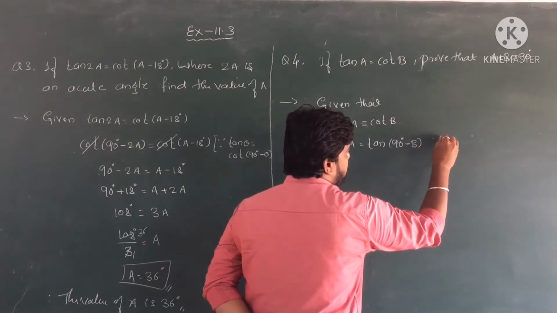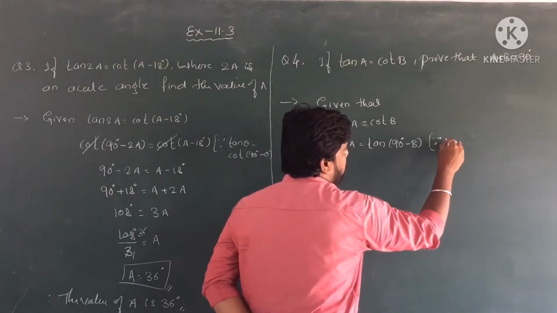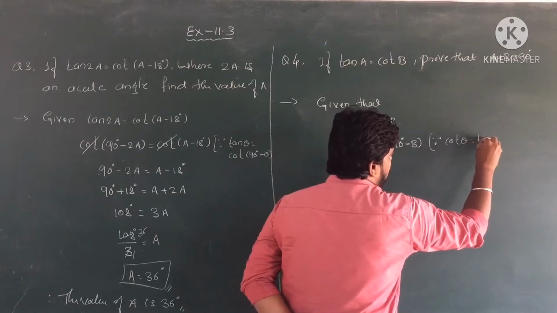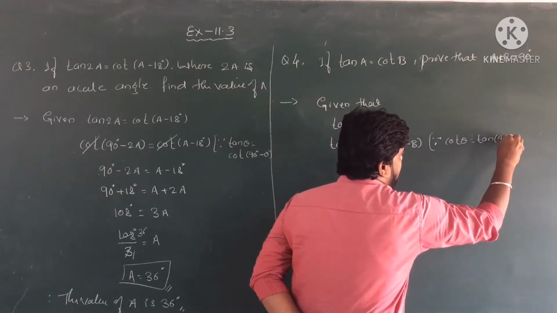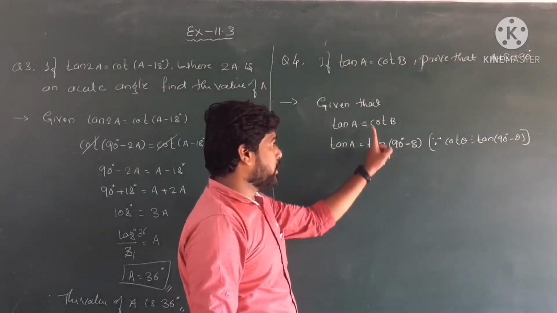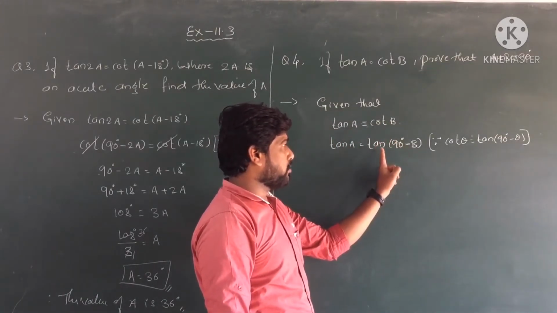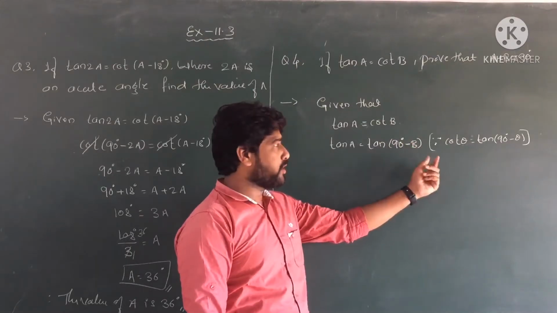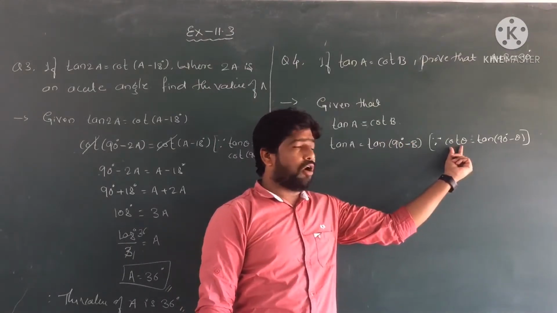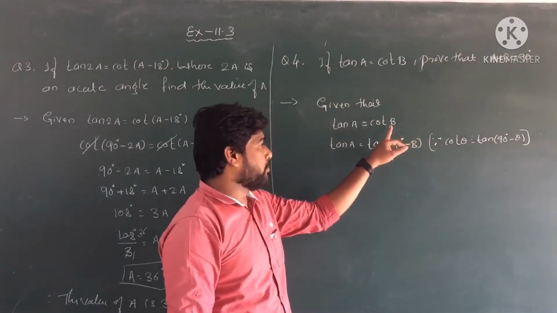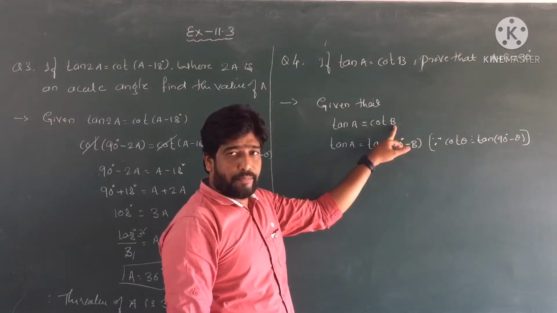So the reason here: cot theta is equal to tan (90 minus theta). So cot b we can write as tan (90 minus b), because here is a formula that cot theta is equal to tan (90 minus theta). So in theta's place here is b.